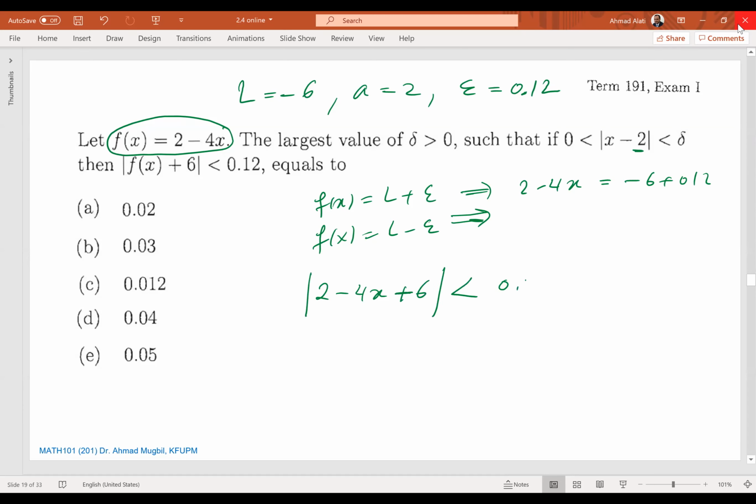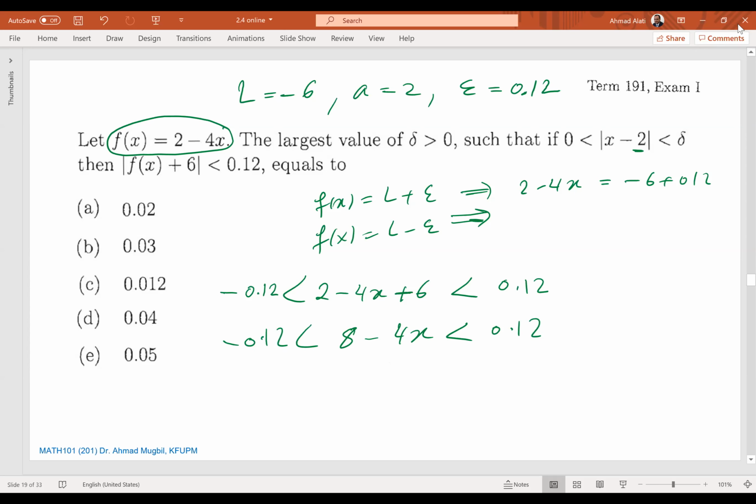Epsilon is 0.12. Then you will have it greater than negative epsilon. Then simplify until you have x minus 4. So what you will have is 8 minus 4x less than 0.12 and greater than negative 0.12.